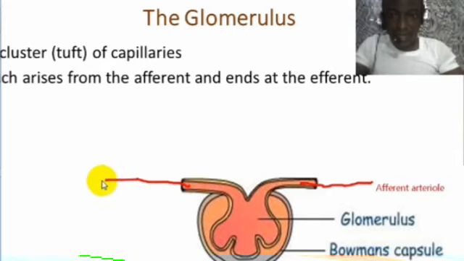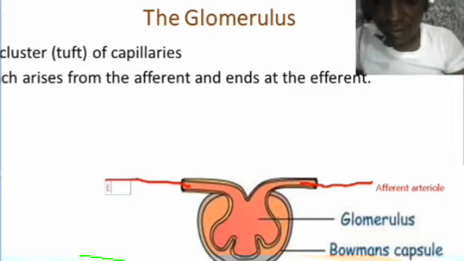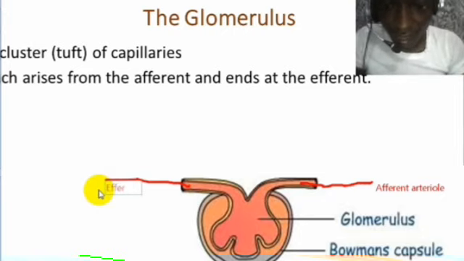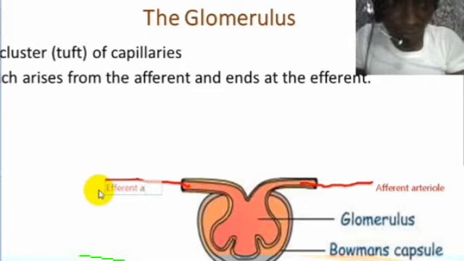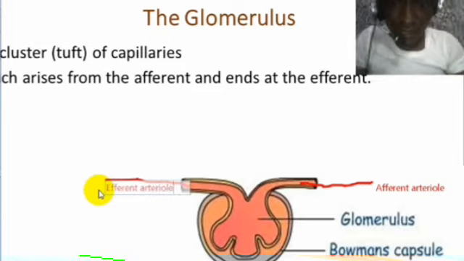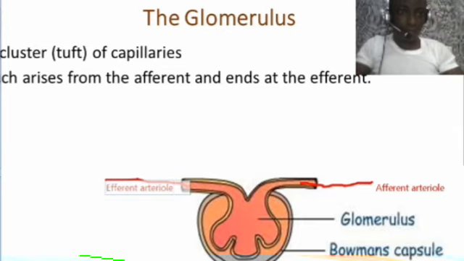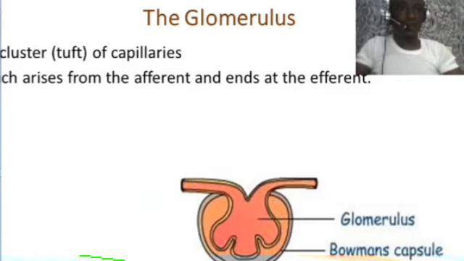And the other part is called the efferent arteriole. I hope you got that.